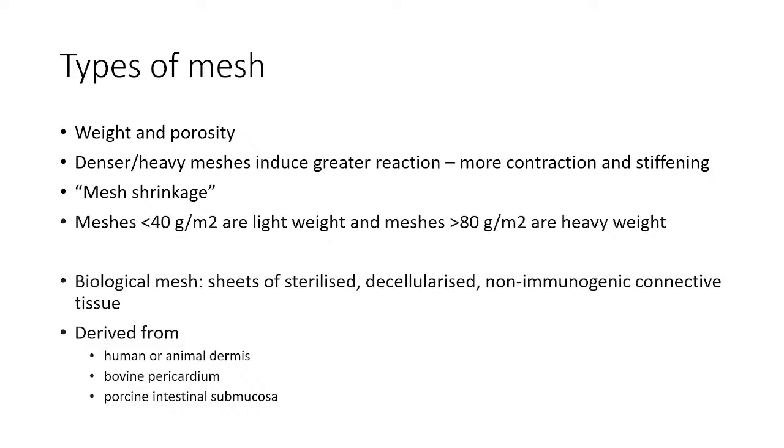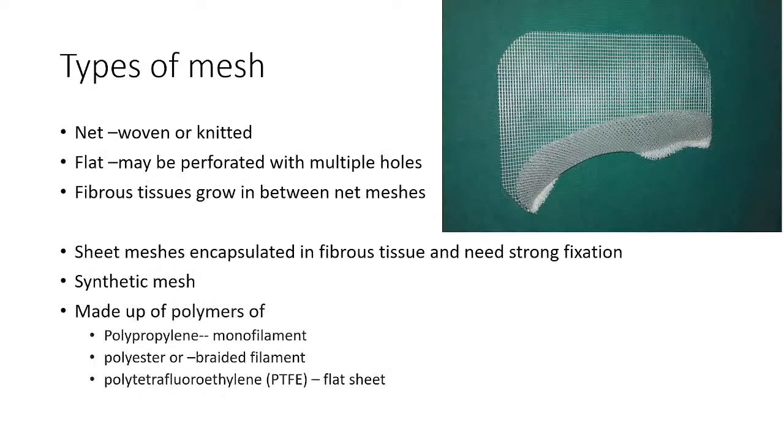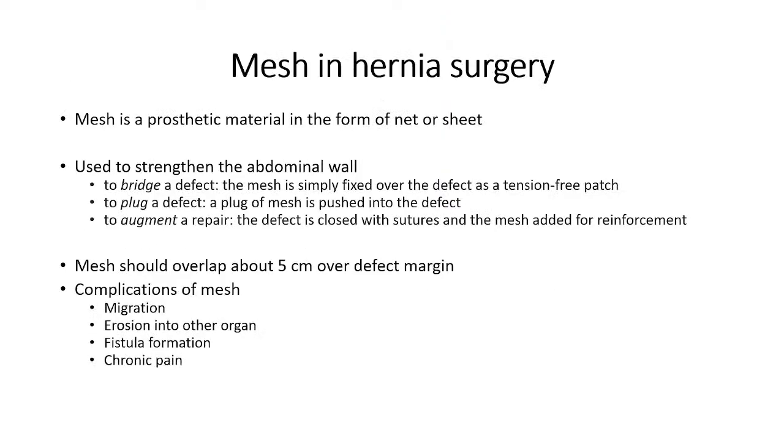So, there is a decrease in size, and that is why the mesh should be placed larger. We place one large enough to cover 5 centimeter area around the defect site, so that even after reduction it at least covers the defect. So, we use a larger size of mesh only to compensate for the shrinkage.